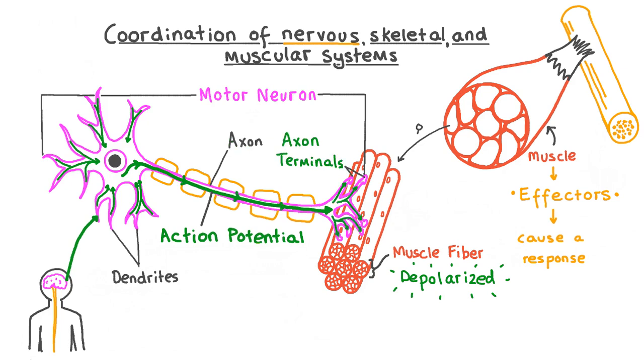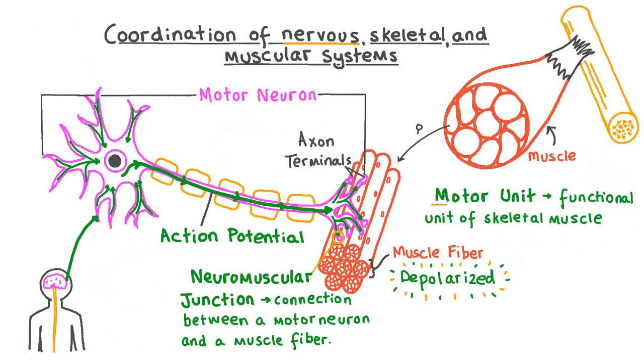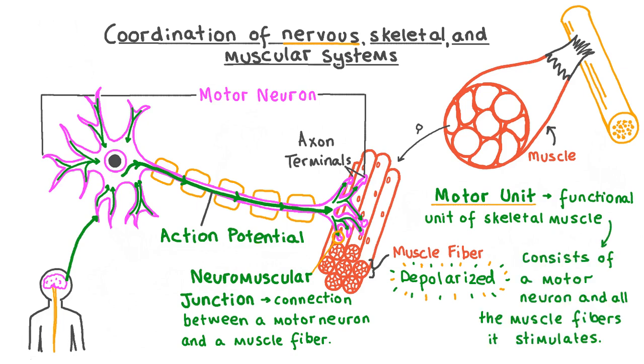The axon ends in axon terminals that link the neuron to the muscle fiber. The points where the axon terminals and muscle fiber meet are called neuromuscular junctions. Neuromuscular junctions allow an action potential to depolarize the muscle fiber, stimulating it to contract. A motor unit is the functional unit of skeletal muscle, consisting of a motor neuron and all of the muscle fibers that it stimulates.